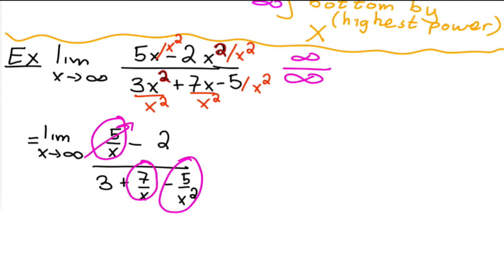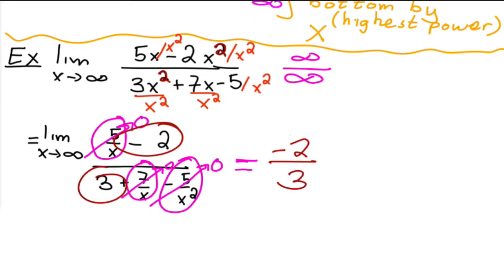So these are approaching 0, so the entire fraction is approaching -2 over 3. So what you're saying is that the limit as x approaches infinity is -2/3. You don't mean that it's actually touching -2/3. You're just saying that that's what it's approaching.